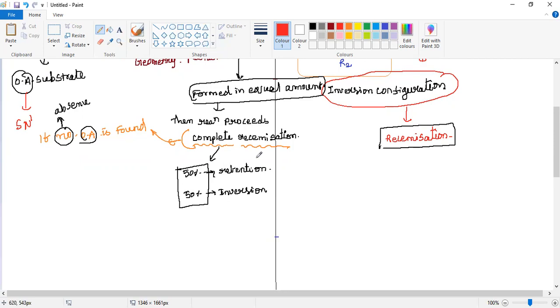Very important point: these products usually consist of more inversion product than retention product.